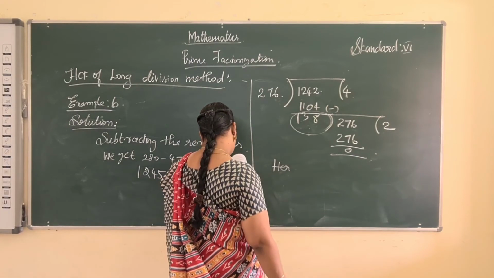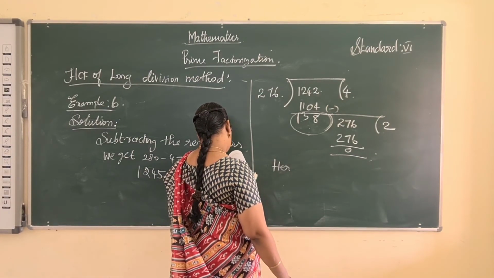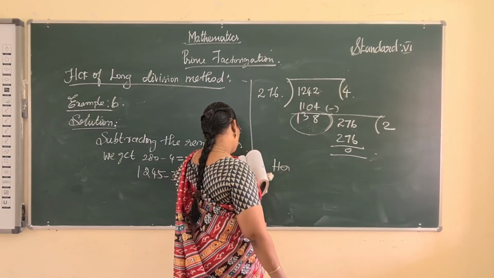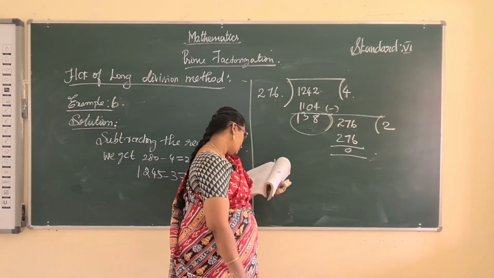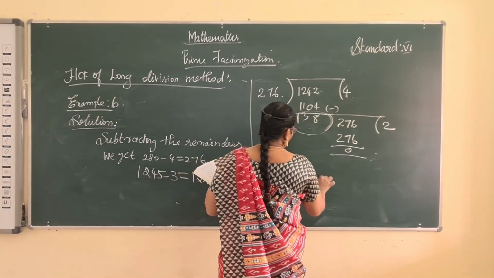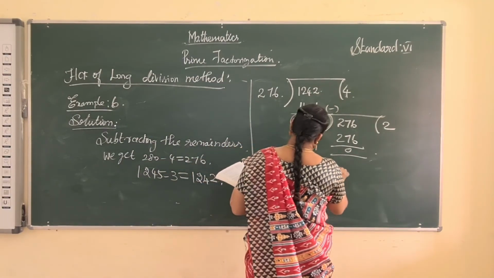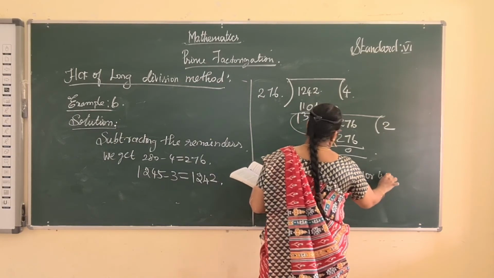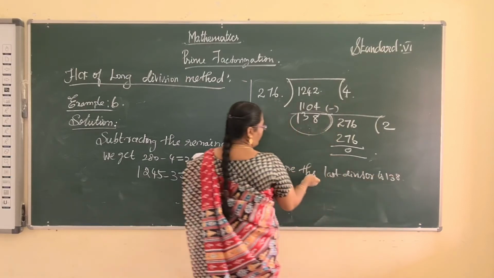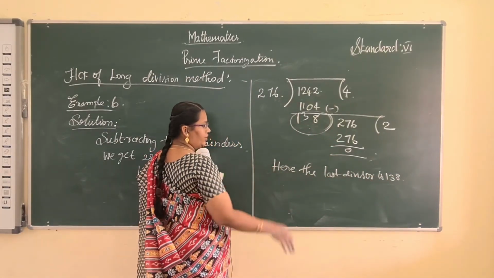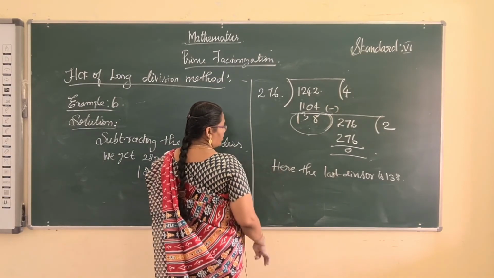So what was asked? Find the greatest number. So highest common factor. So here the last divisor is 138. You need not write this; it is for your convenient understanding. For 1 or 2 problems you will write it, after that you need not write it.